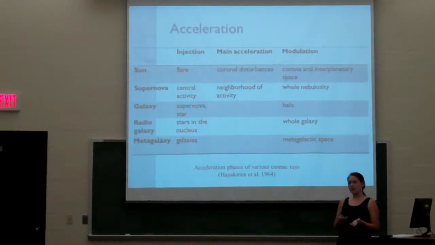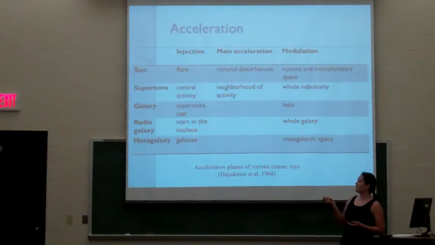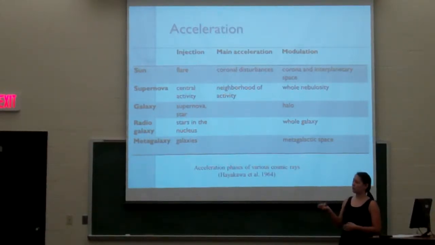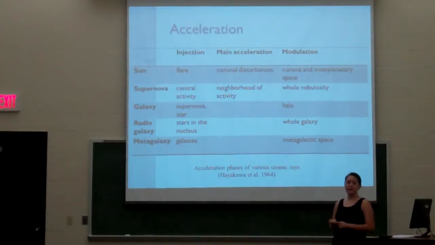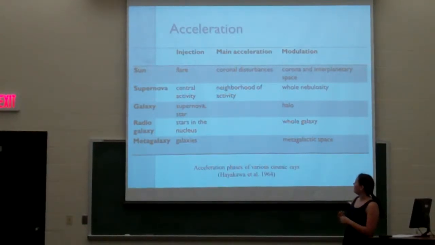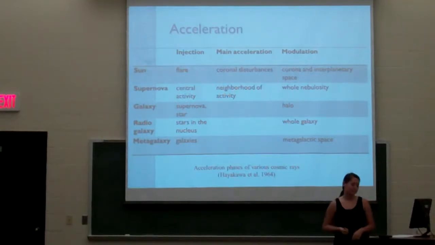Then it goes through the main acceleration phase, which, as you can see, some of them are still unknown. Research hasn't clarified exactly what these main acceleration stages consist of for the bottom three, galaxy, radio galaxy, and metagalaxy. And then the modulation phase is an adjustment phase, where the acceleration of the GCR can vary in intensity. As you can see here, they're all different for the different mechanisms of acceleration.